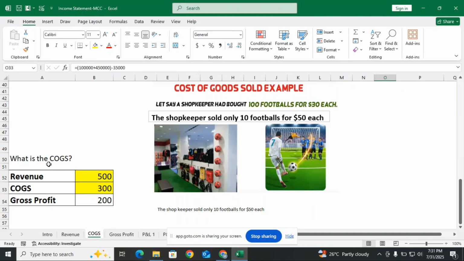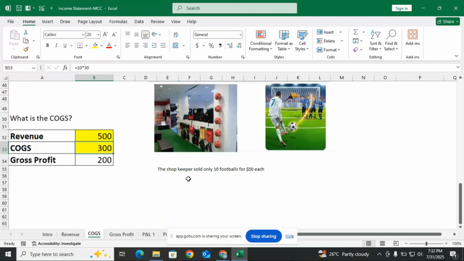It is 30 each, which means 10 into 30, which is 300, which I'm showing you here. 10 into 30 becomes your COGS. And those 10 footballs were sold at a price of 50 each, which means 50 into 10, which is 500. So your gross profit is 500 minus 300, which is 200. That's it. So like this, you're going to understand your cost of goods sold.